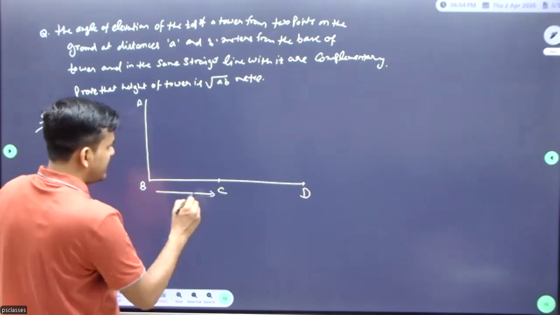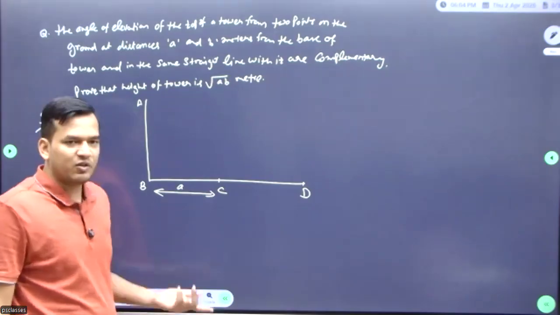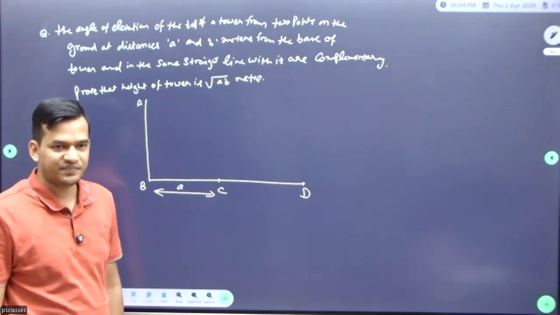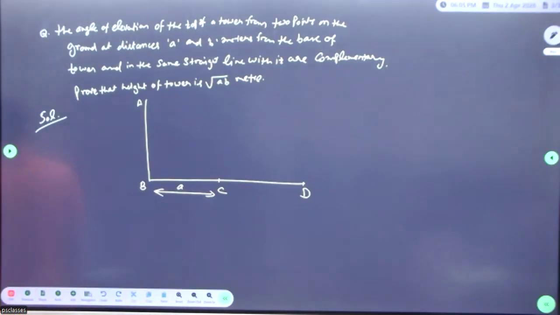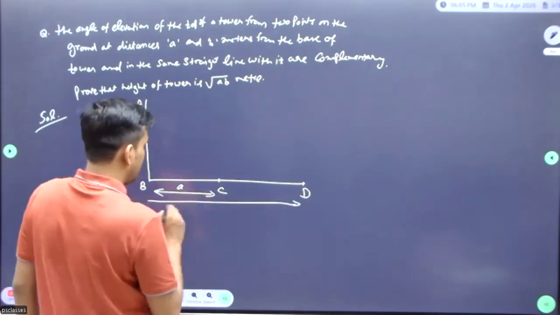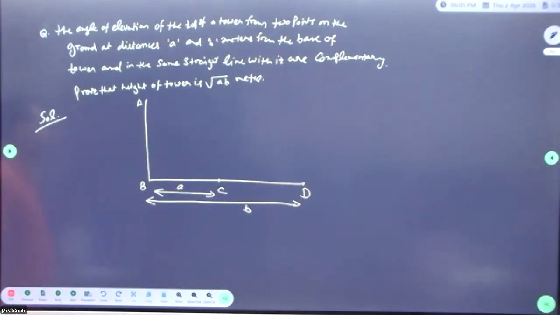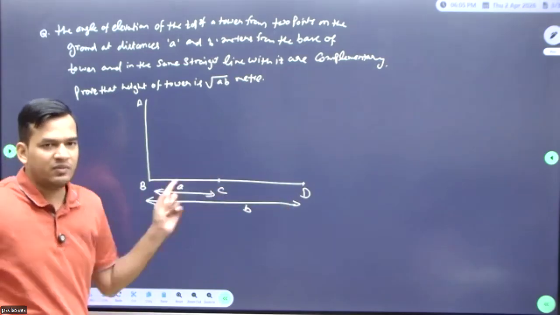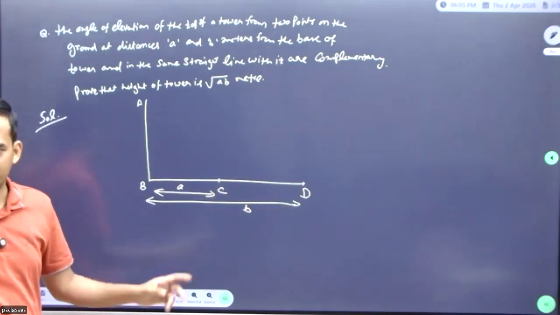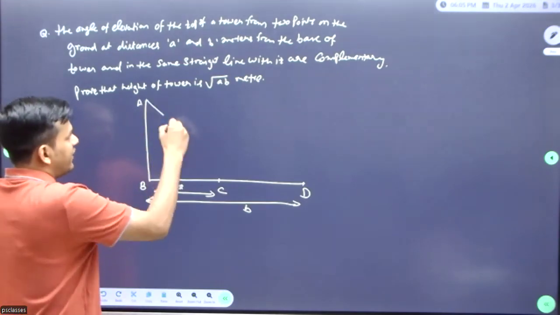So suppose BC is equal to A, and BD is equal to B, because the distance of this point from the base of tower is B. And the angles are complementary.